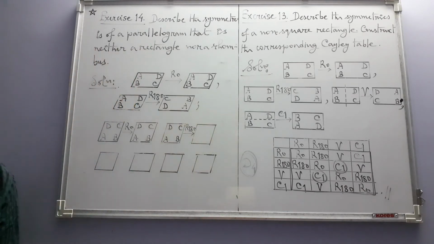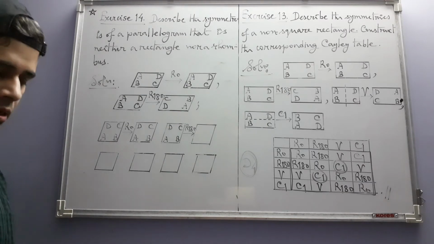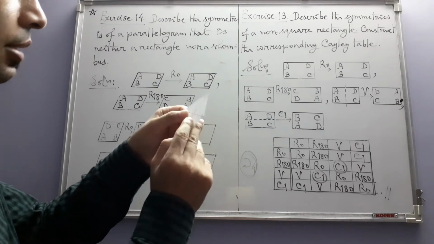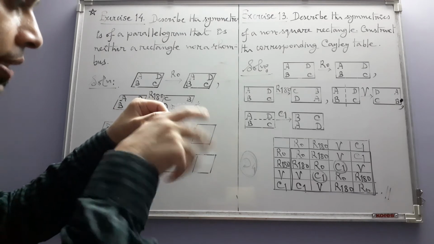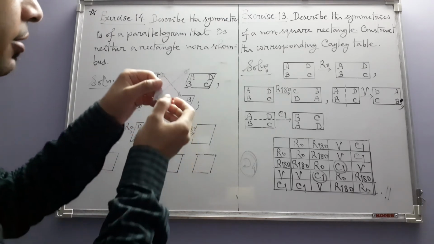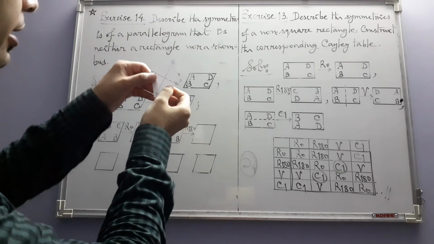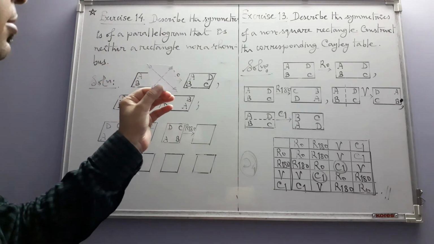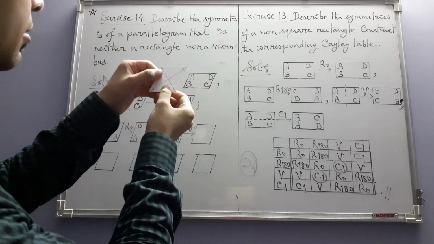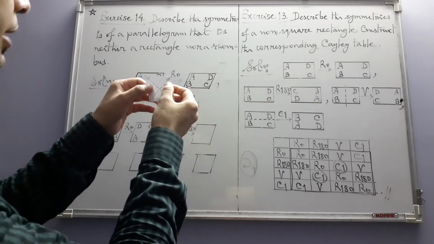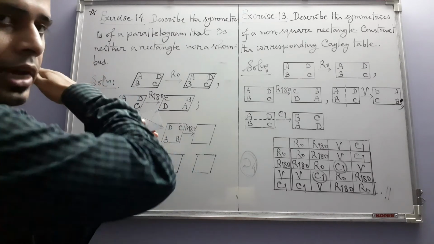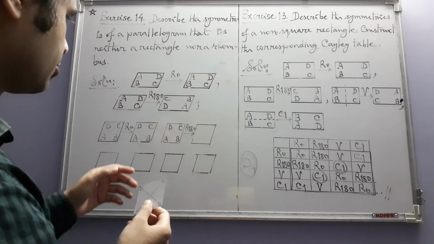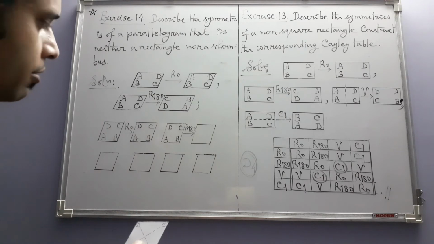Okay, despite having a little more symmetry than the parallelogram, so this is a rhombus, this is an accurate rhombus, okay. But 90-degree rotation is still not an option. Let's see what happens if we do a 90-degree rotation. It just becomes like this, okay. It comes in the upright position, but the thing is that now the slant is there, that way, not this way. So R90 is not an option.